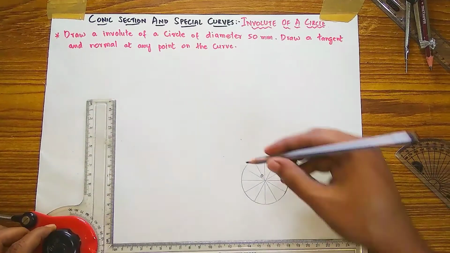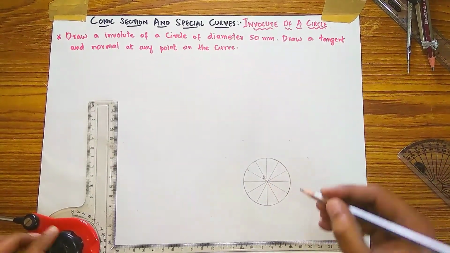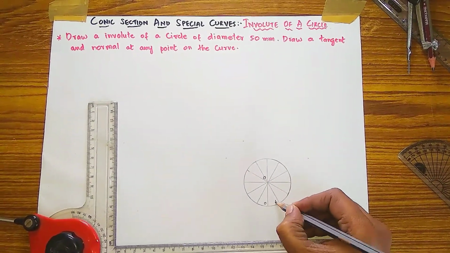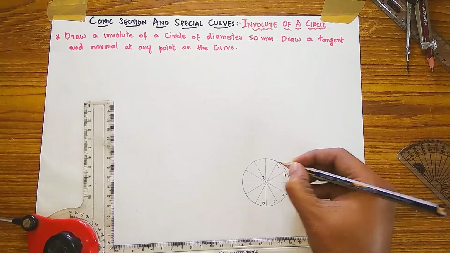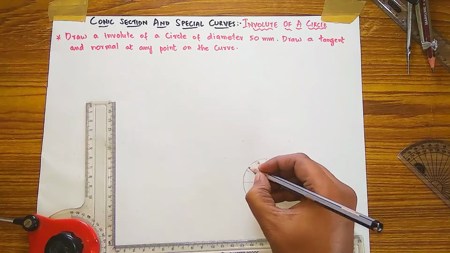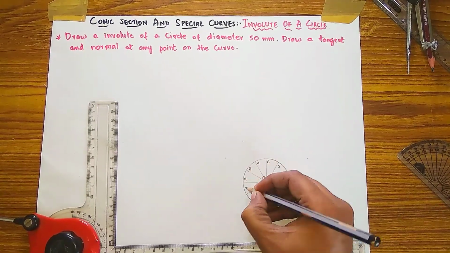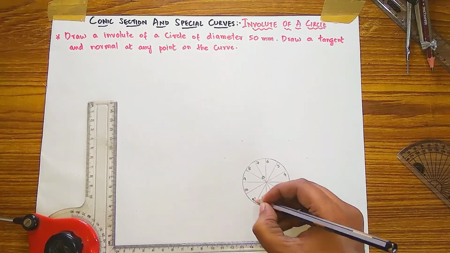Then after dividing into 12 equal parts, number them 0, 1, 2, 3, 4, 5, 6, 7, 8, 9, 10, 11.